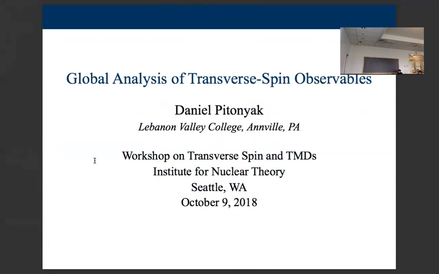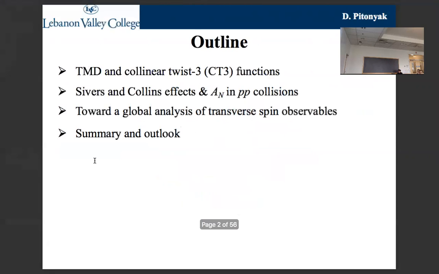I'm going to talk about ongoing work that we're doing on a global analysis of transverse spin observables. I'll first briefly go through the kind of functions that we're trying to get after in this analysis, talking about both TMD and collinear twist-three functions.